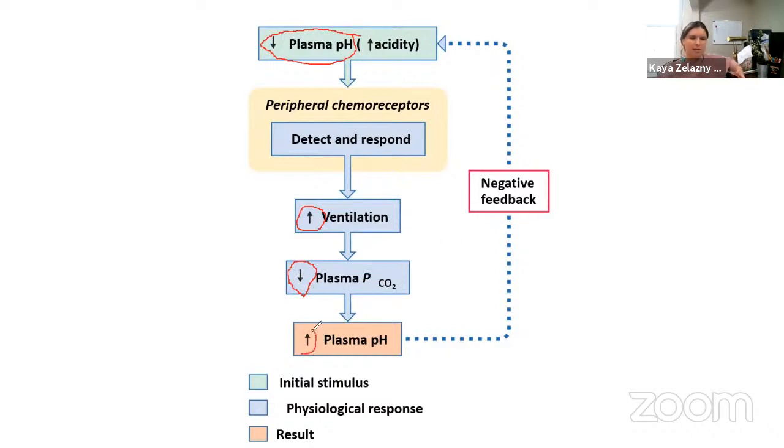So this raises our plasma pH. And as the plasma pH goes up, so now we have a higher pH, we're turning this off by a negative feedback loop. So that is a mechanism of respiratory compensation.